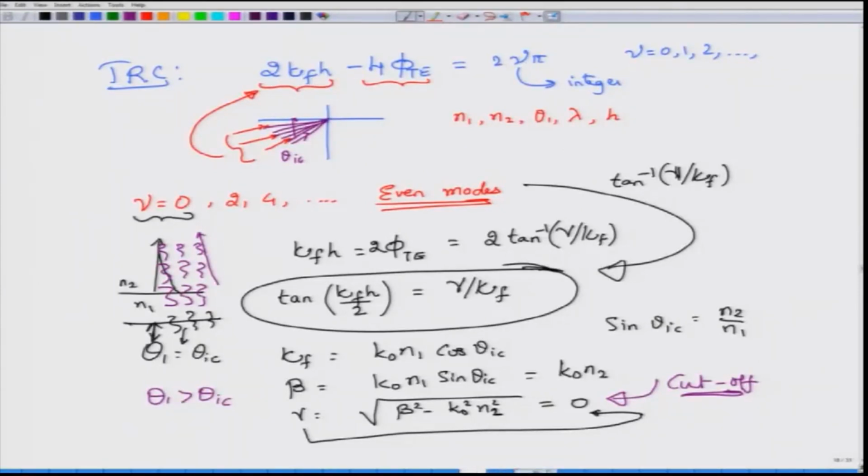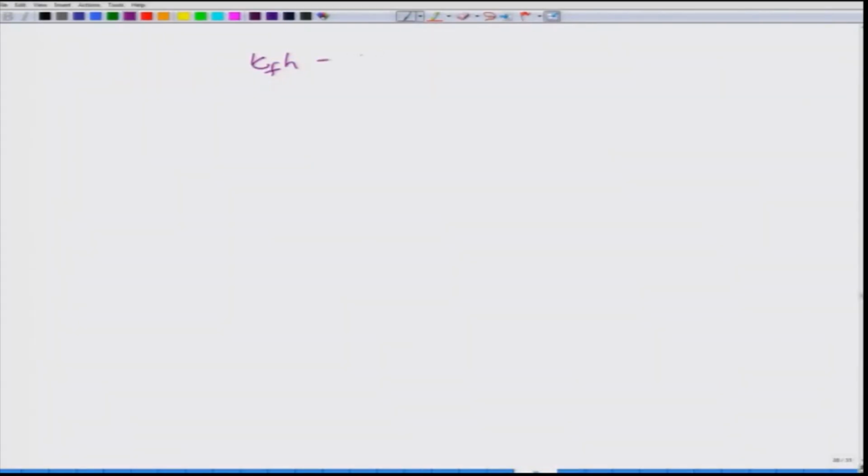So, let us get back to this condition and write phi TE is equal to (kappa f h minus nu pi) divided by 2, and now we consider the case where nu is odd. For example, if I consider the simplest case of nu equal to 1, then I will have kappa f h minus pi, the entire thing divided by 2, is equal to phi TE.